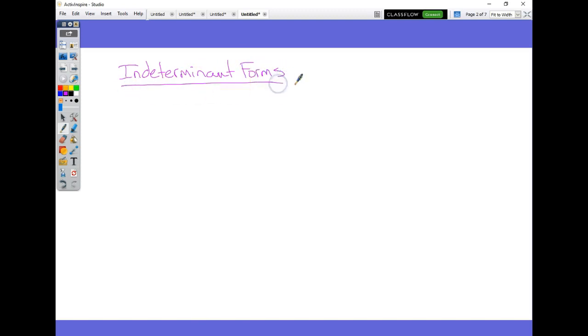So, a bunch of indeterminate forms. Of course, we already knew 0 divided by 0, and infinity divided by infinity. But there are actually several other indeterminate forms. Anything that's in the form of 0 times infinity.